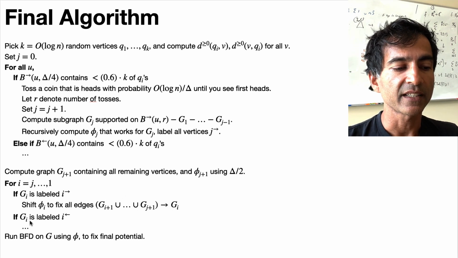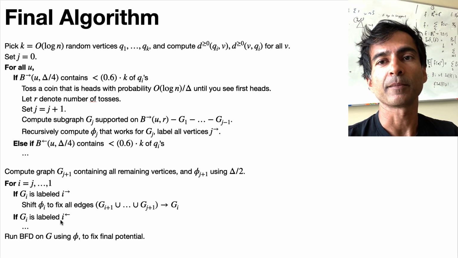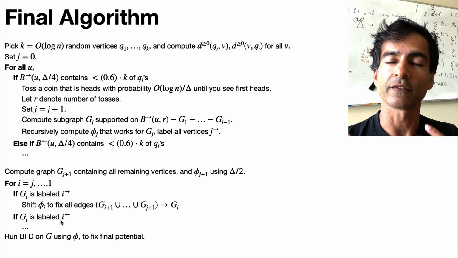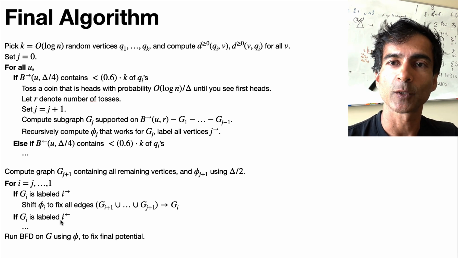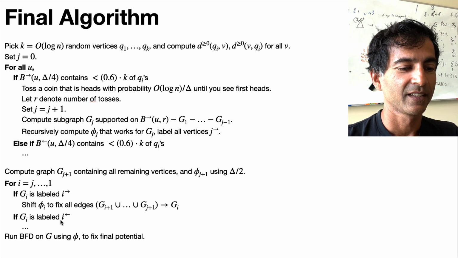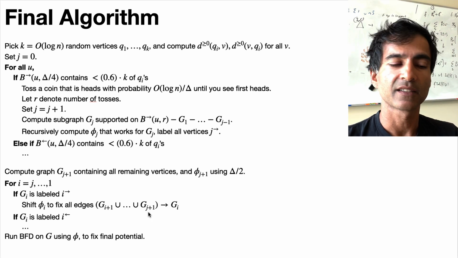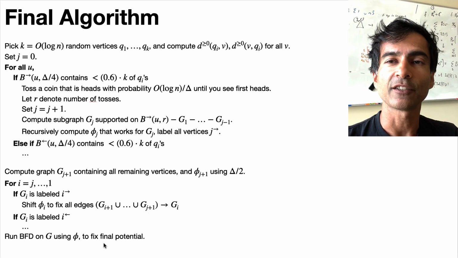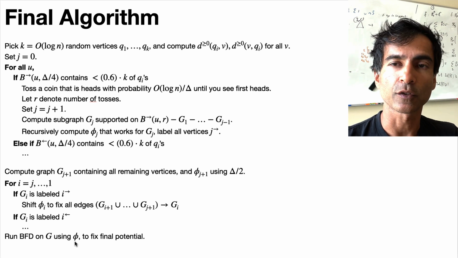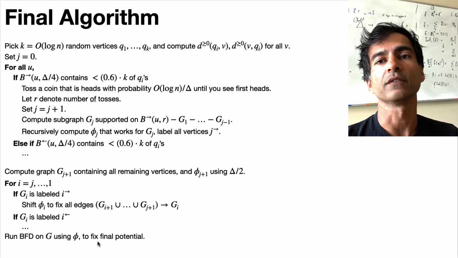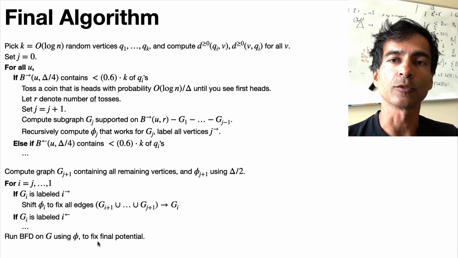Similarly, if Gi was made by looking at a reverse ball, then we can fix phi i in a different way to handle edges going in the opposite direction. So once we've found the potential function that fixes all of those edges, we run BFD on the remaining graph and the potential function we have so far to fix all of the remaining edges, the edges that went in the wrong direction across the boundaries of these graphs Gi.